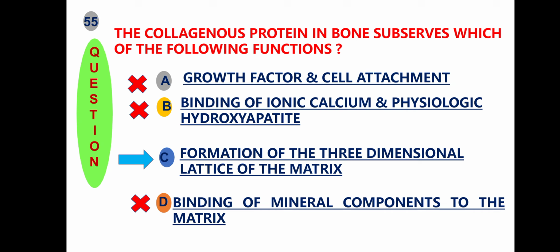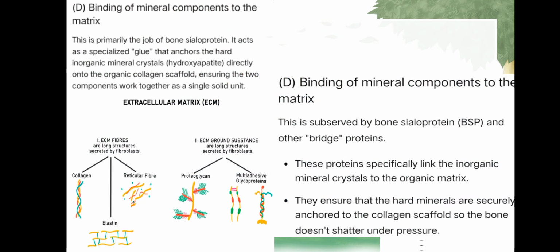And formation of three-dimensional lattice of matrix is done by collagen fibers with the help of tropocollagen, and it gives the support and forms a mesh of the extracellular matrix, isn't it? And binding of mineral components to the matrix is done by other components of the extracellular matrix that are secreted by fibroblast.